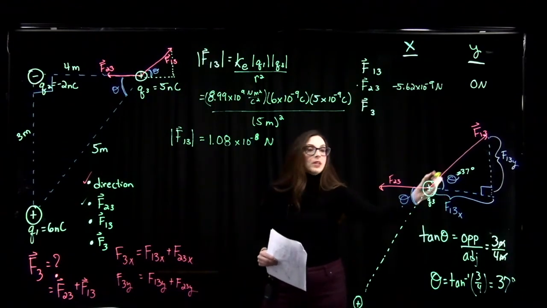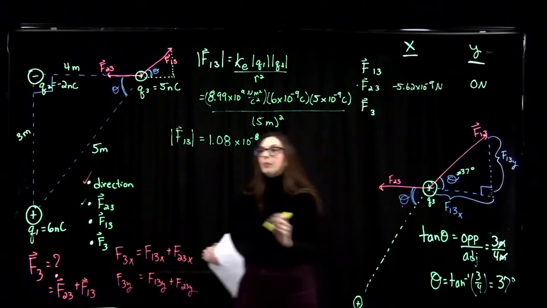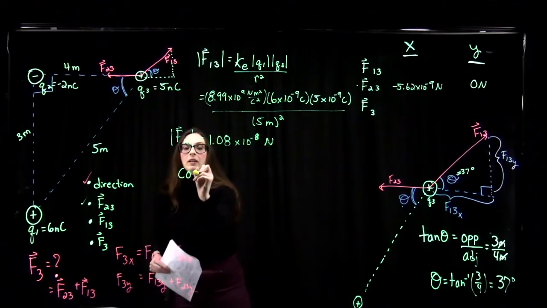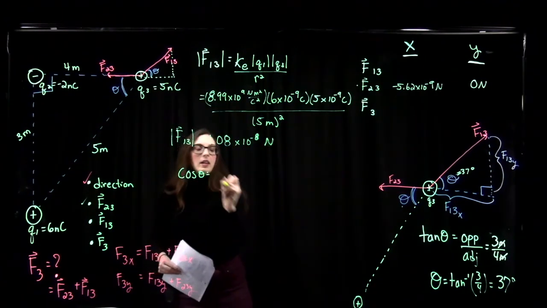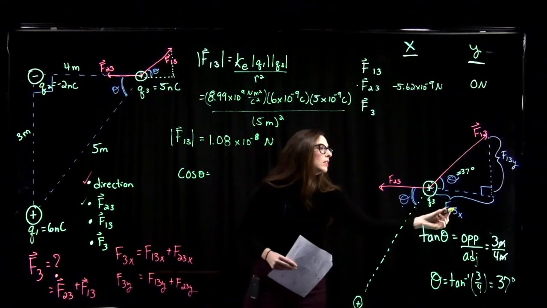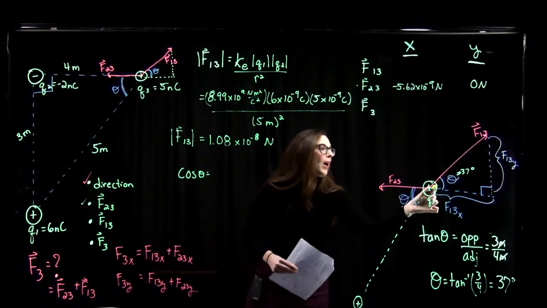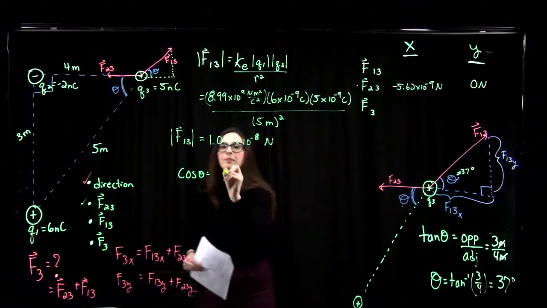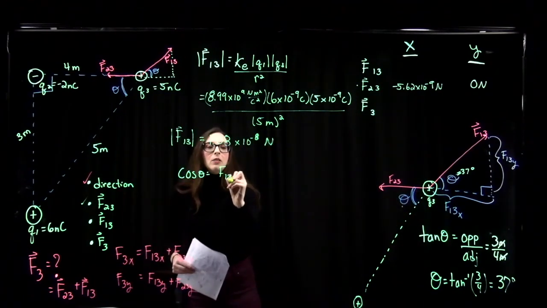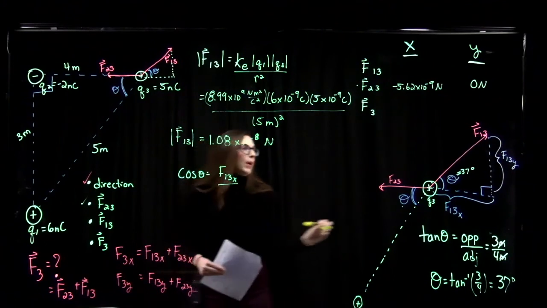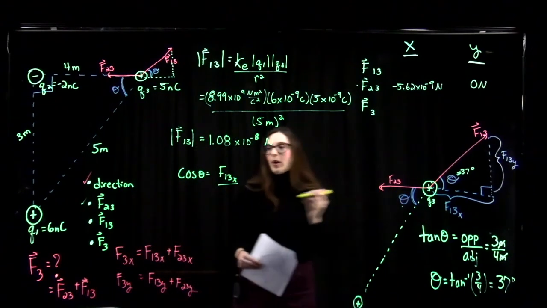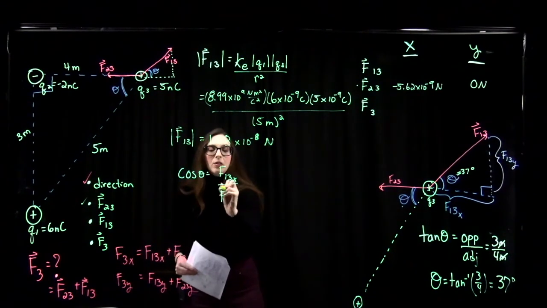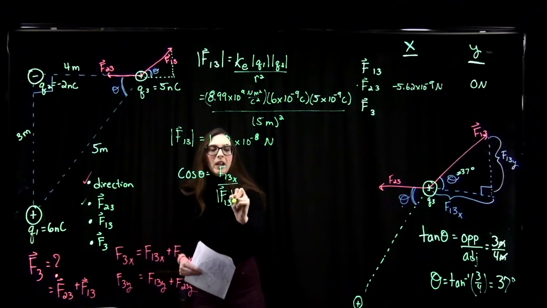Let's do cosine of this angle here. Cosine of theta equals adjacent over hypotenuse. So cosine of my angle theta is going to be F13x divided by the hypotenuse of my triangle, which is the magnitude of F13.